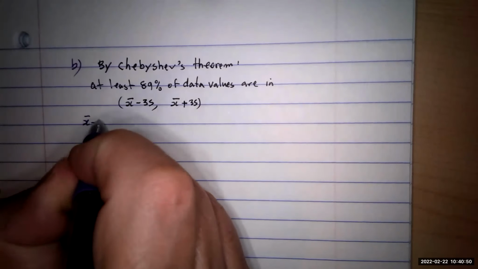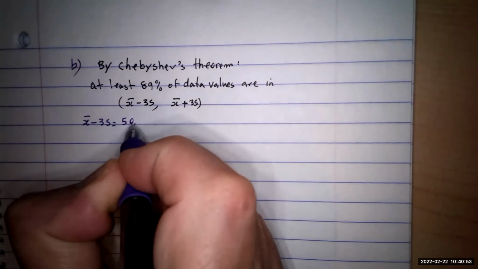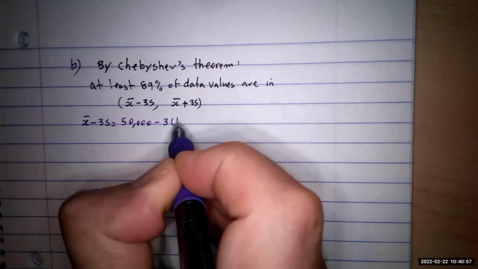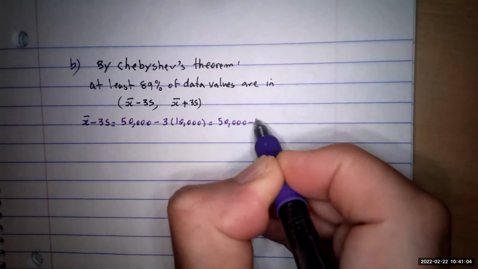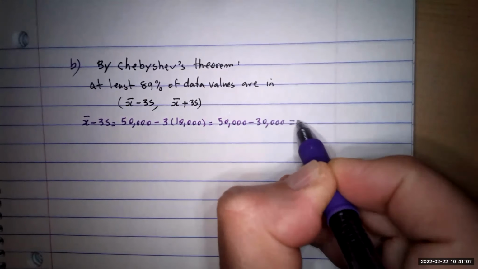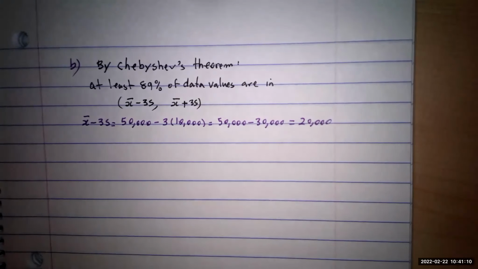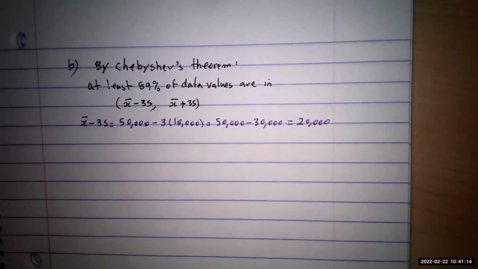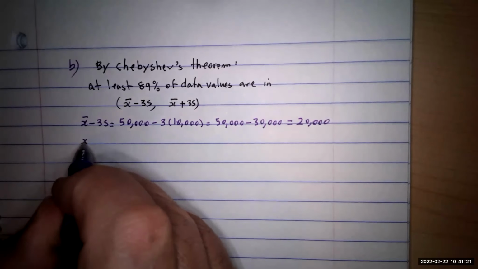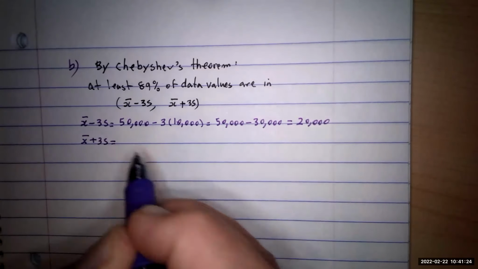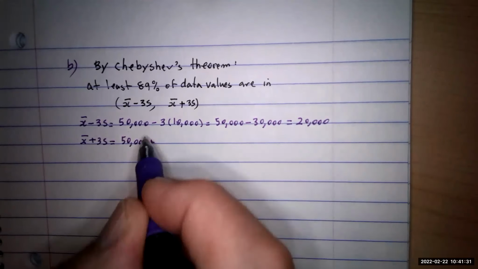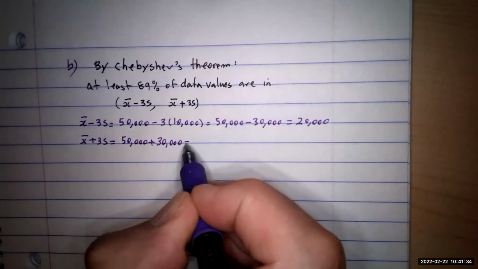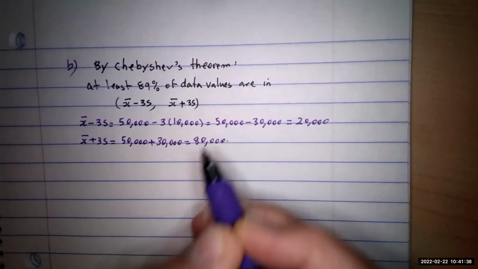X bar minus 3S is 50,000 minus 30,000, which is 20,000. And X bar plus 3S is 50,000 plus 30,000, which is going to be 80,000 this time.